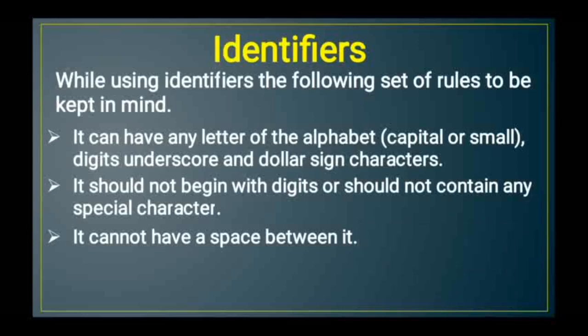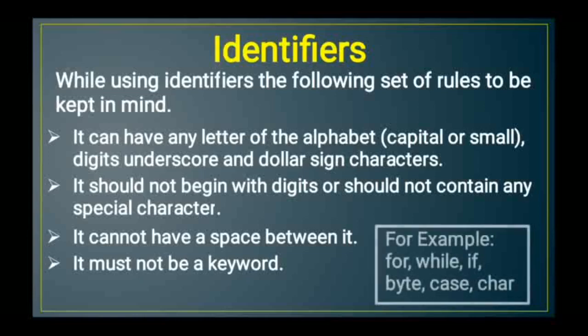The next rule: it must not be a keyword, and we know that there are 50 keywords. For example, for, while, if, byte, case, char, assert, abstract, boolean, break, do, default, continue are keywords, so it must not be a keyword.